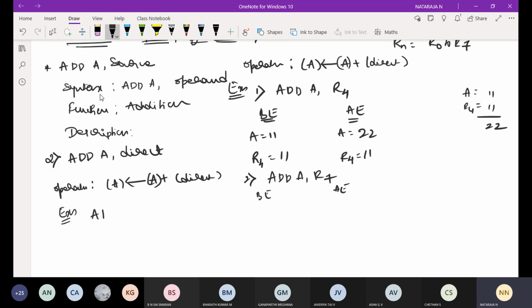Example: ADD A, 40h. Before execution, A is equal to 11, 40h is equal to 22. After execution, accumulator is stored with 33 and 40h is equal to 22.